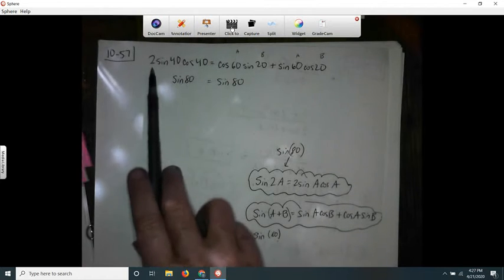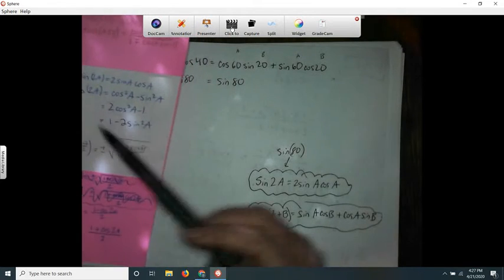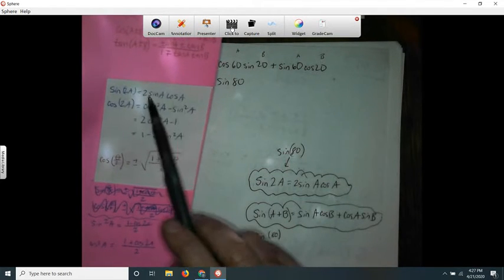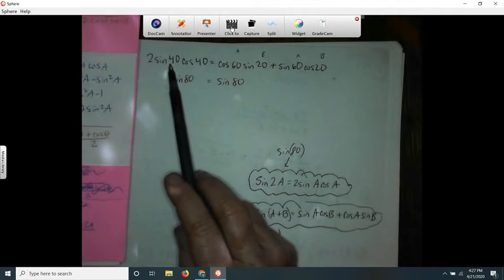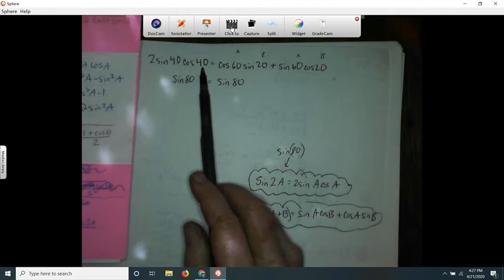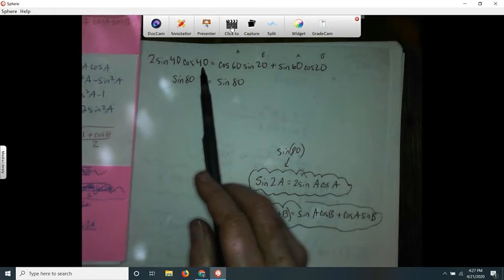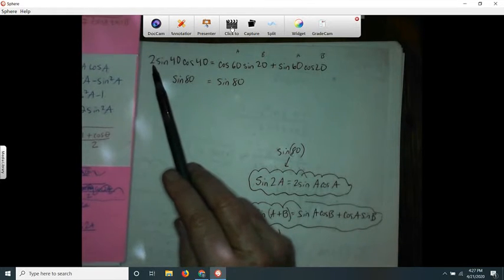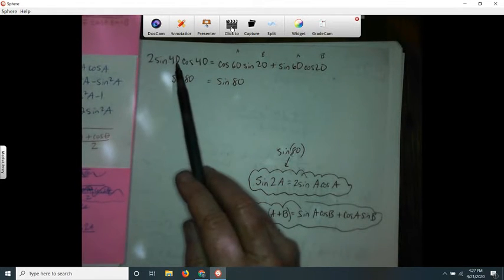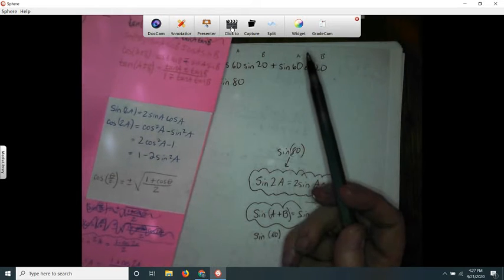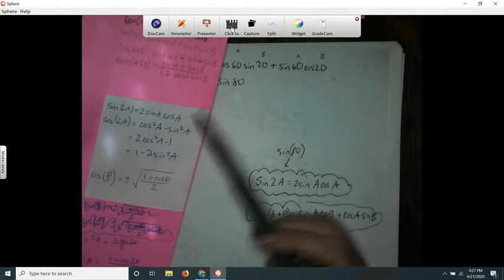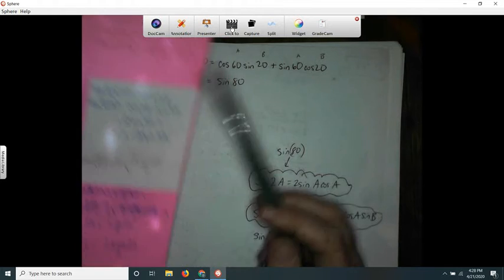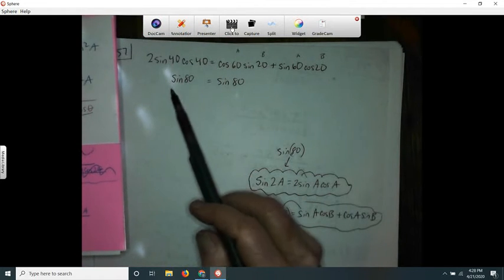So I went to my magic book and I looked all over the place, and this caught my eye: 2 sine A cosine A. Sine of 2A is 2 times sine A cosine A. So if A is 40, then 2A is 80.